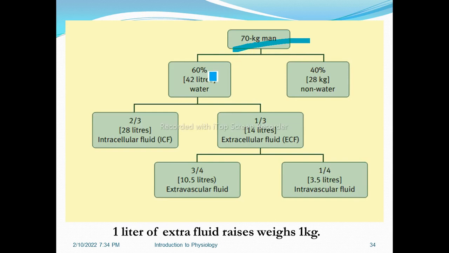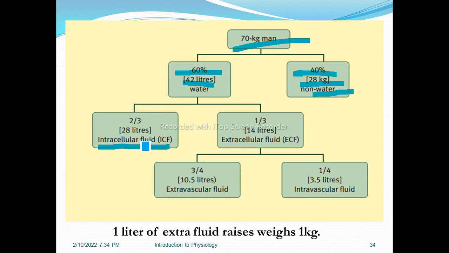This is a 70 kilogram man. He contains 60% of body weight as water, so this 60% is 42 liter of water, and the other 40% weighs 28 kilogram. This is non-water. Now from the 60% water, two-thirds of this, 42 liter, is 28 liter, named intracellular fluid.